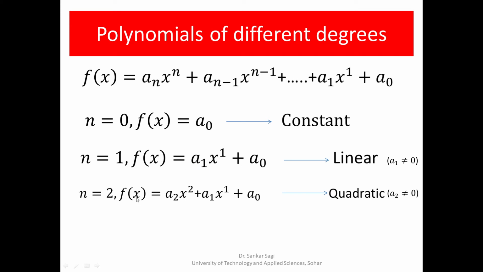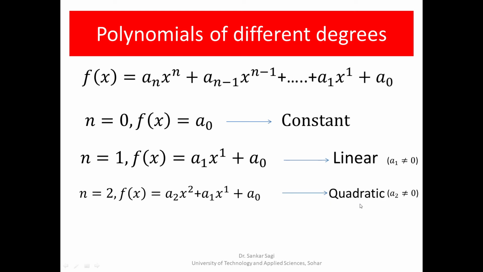And thereafter we take n equal to 2. If we put n equal to 2 in this, we will get a_2 x^2 + a_1 x^1 + a_0. That means it will be reduced to a second degree polynomial, which we call quadratic.